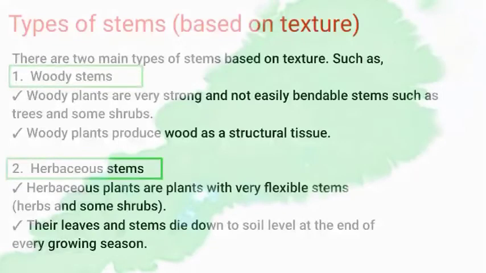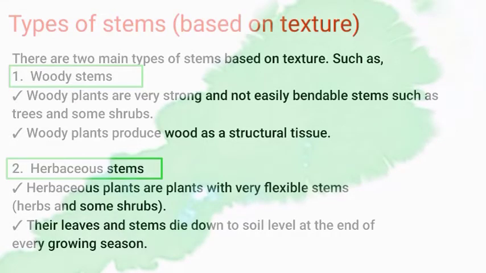Next topic is types of stems based on texture. There are two main types of stems based on texture, such as woody stems and herbaceous stems. Woody stems. These are generally seen in woody plants or trees and in some shrubs. Woody stems are very strong and not easily bendable.